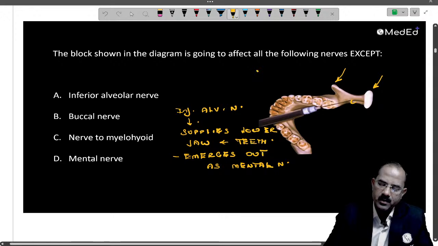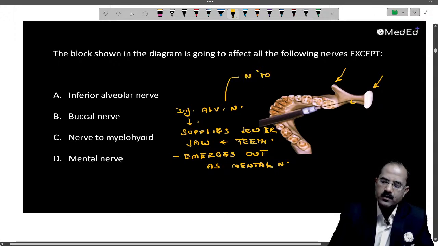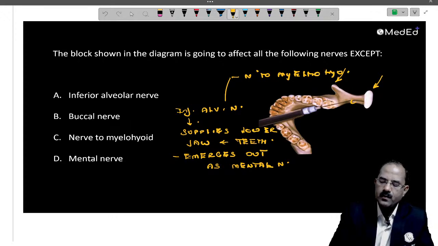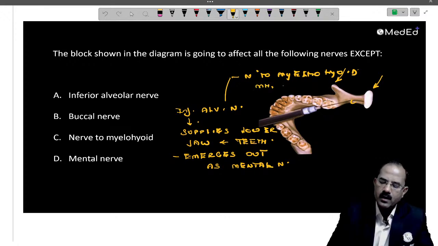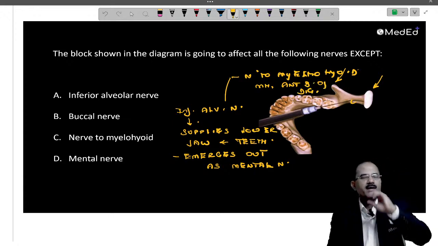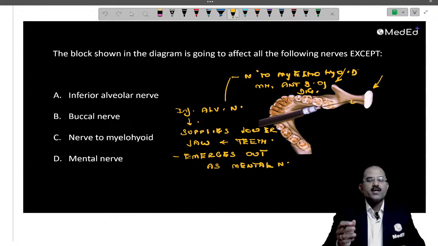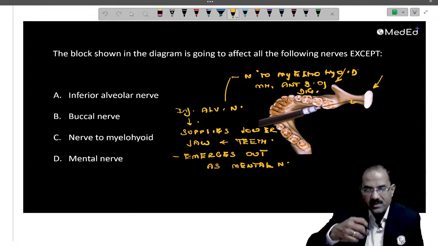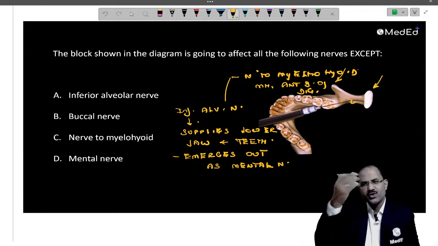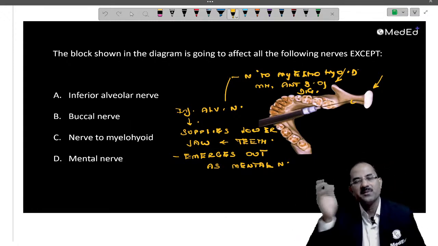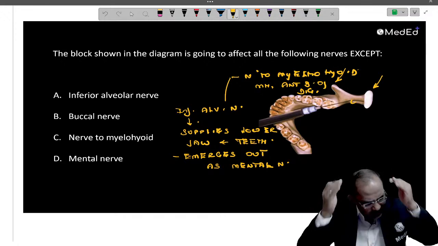That is the nerve to mylohyoid. And this nerve to mylohyoid supplies two muscles, the mylohyoid and the anterior belly of digastric. Students, this is extremely important.